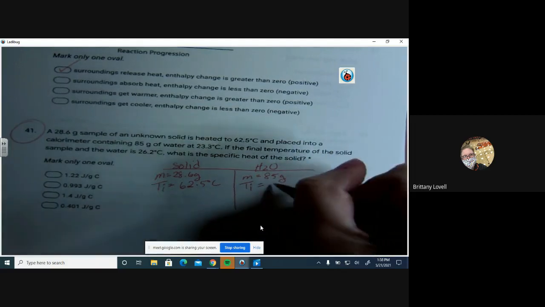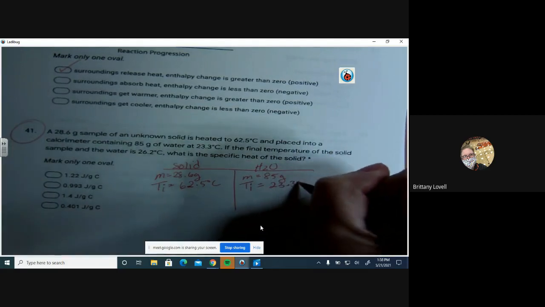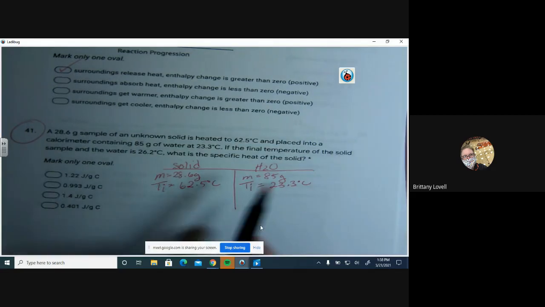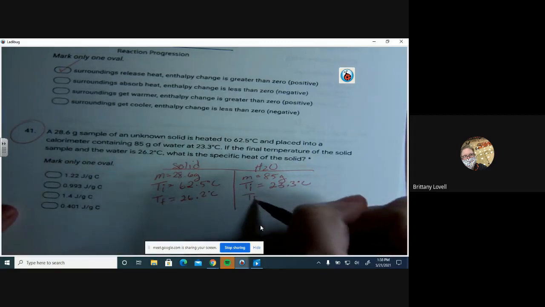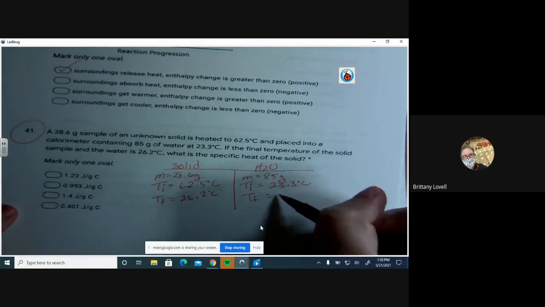So that water started out at 23.3. Now, the final temperature of the whole system was 26.2. So my final temperature for both sides is going to be 26.2.